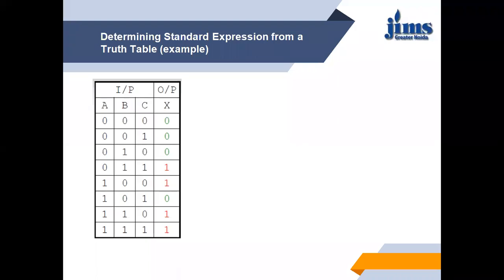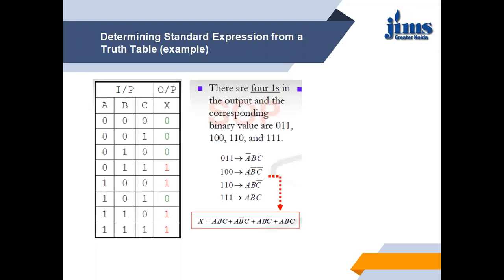So where there is 1, this is a SOP. Where there is a 0, this is a POS. So directly we can write down the values of SOP and POS in the standard form looking into the truth table.